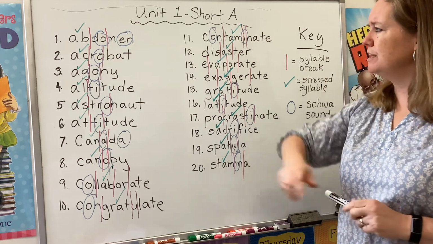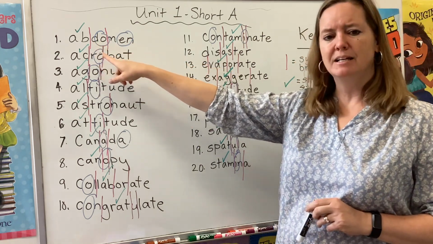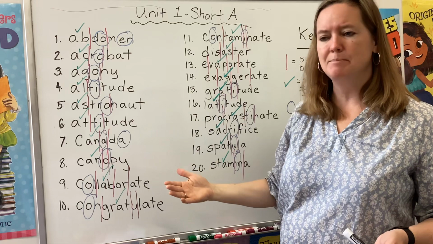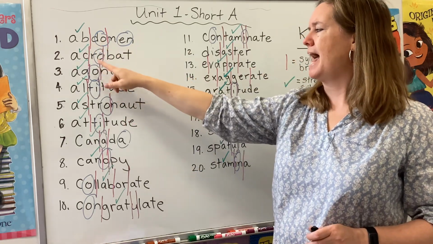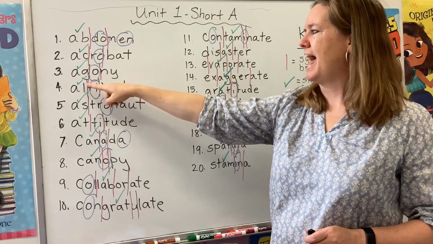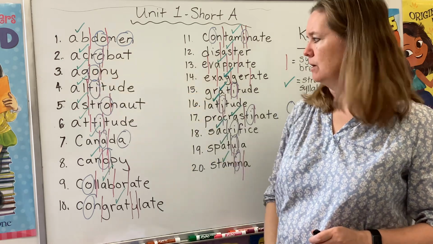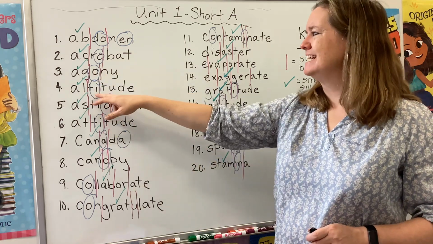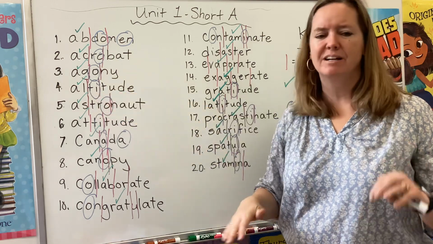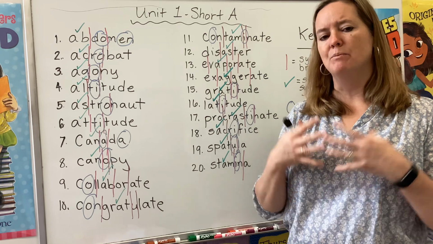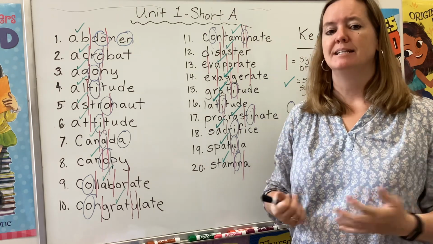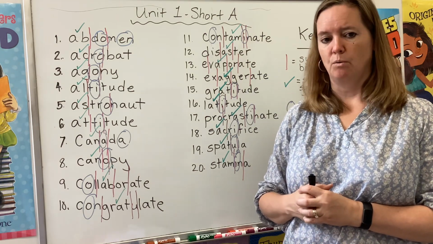So when you're training yourself to spell abdomen, you know it's pronounced "abdomen," but when you're spelling it, I want you to think "ab-DOH-men," "ak-ro-BAT," "ag-o-NY," okay? Altitude or altitude. I don't care if you use the long vowel or the short vowel sound, but pick one of them and really emphasize it in your brain to help you with this spelling, okay?